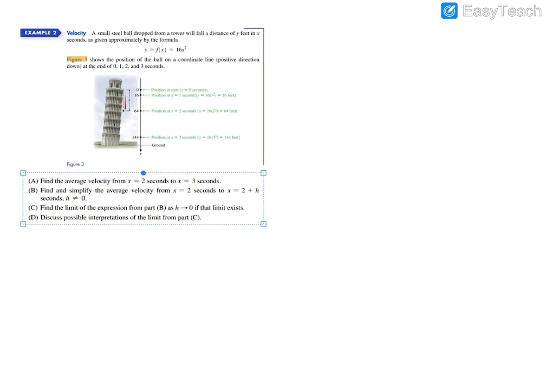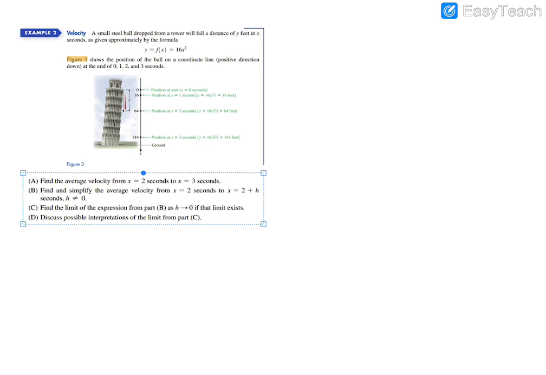This example is related to velocity. A small steel ball dropped from a tower will fall a distance of y feet in x seconds, as given approximately by the formula y equals f of x, which is 16x squared.